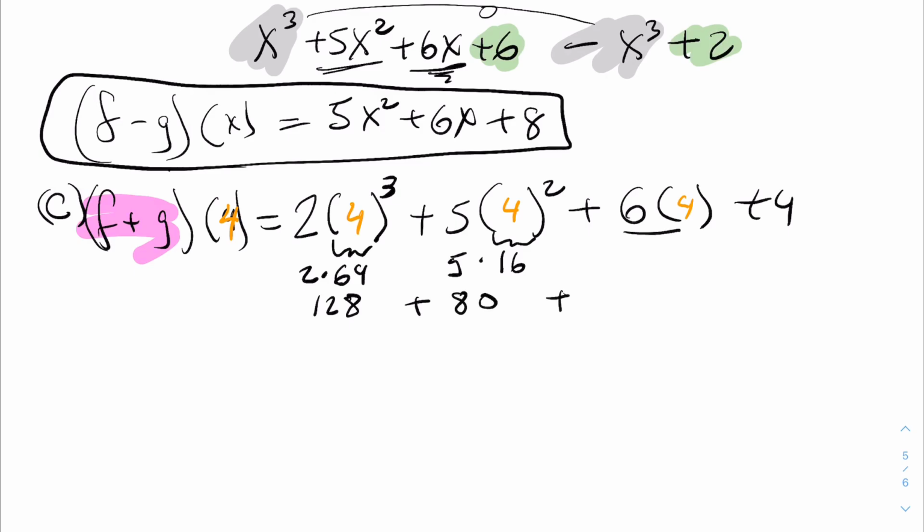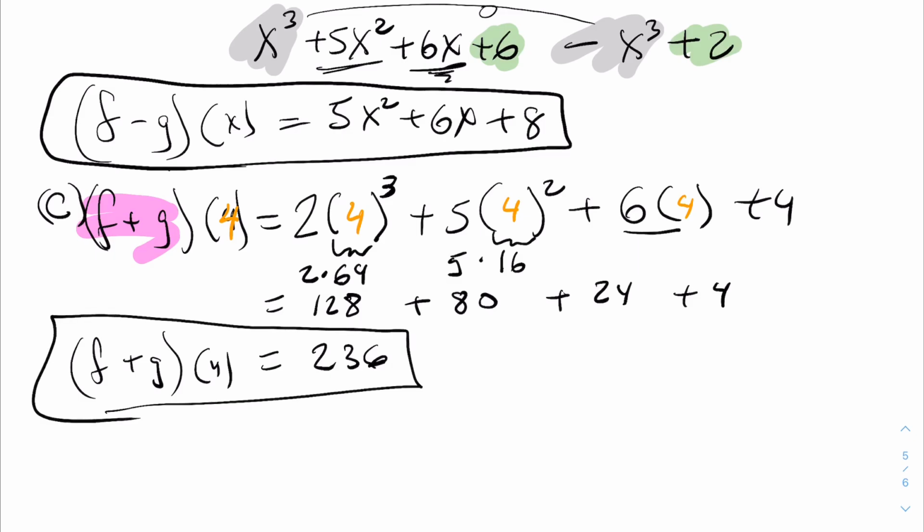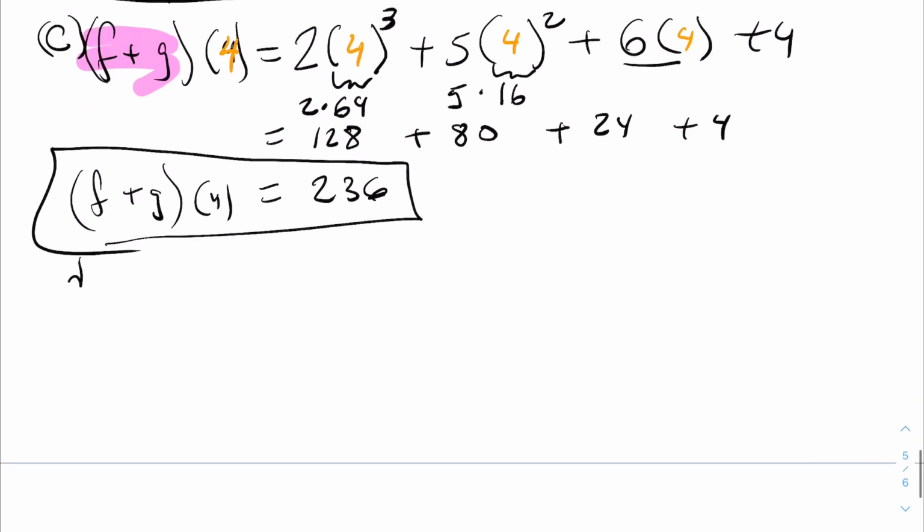And then we've got 6 times 4 is 24. And then we're going to copy down a 4. And we add all of those numbers together and we get 236. So that means f plus g at 4 gives me 236.